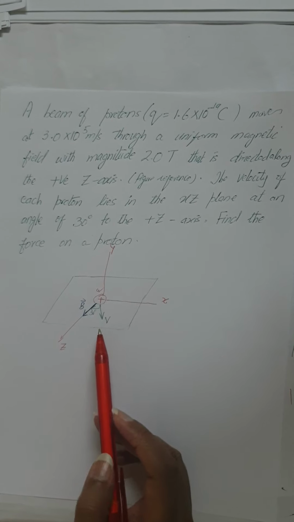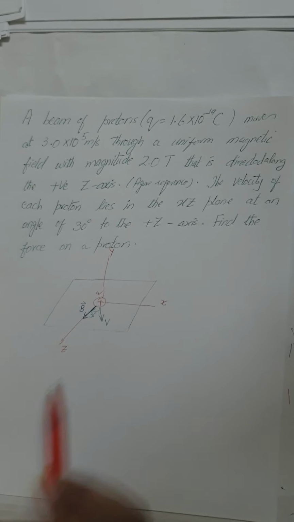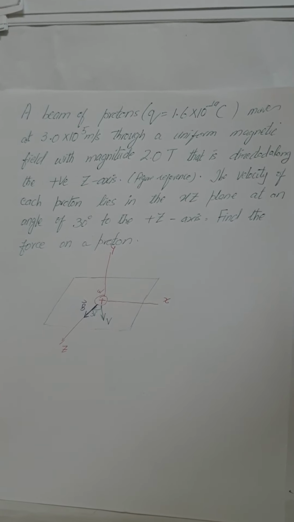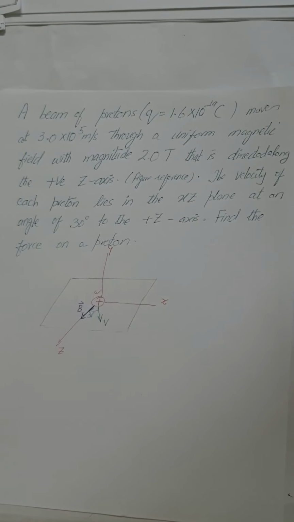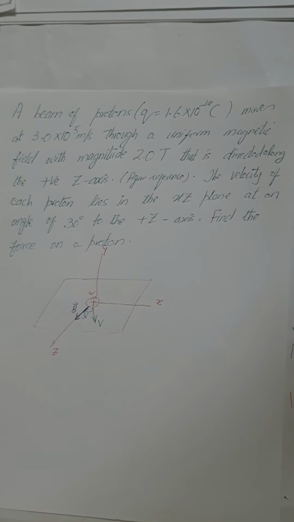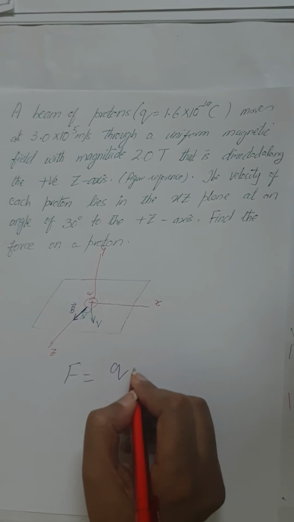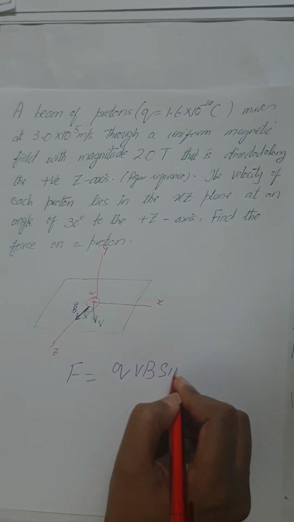Okay, so this charge is positive, so the force is in the same direction as the vector product v cross B. From the right hand rule, this direction is along the negative y-axis, and the magnitude of the force is given by this basic formula, F = qvB sine phi.